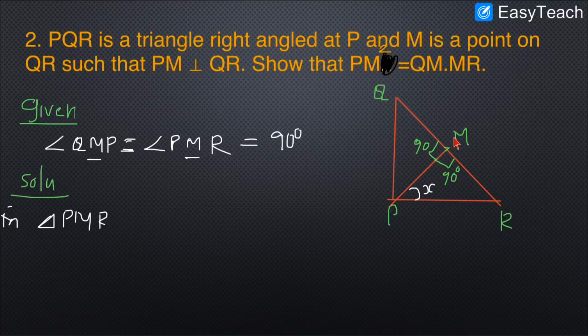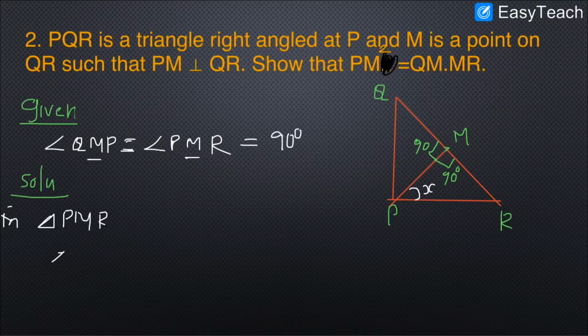So in triangle PMR, the summation of all angles is 180 degrees. If you subtract these two angles from 180 degrees, where angle M is 90 and angle P is x, we will get angle R. So that's what I am going to do.